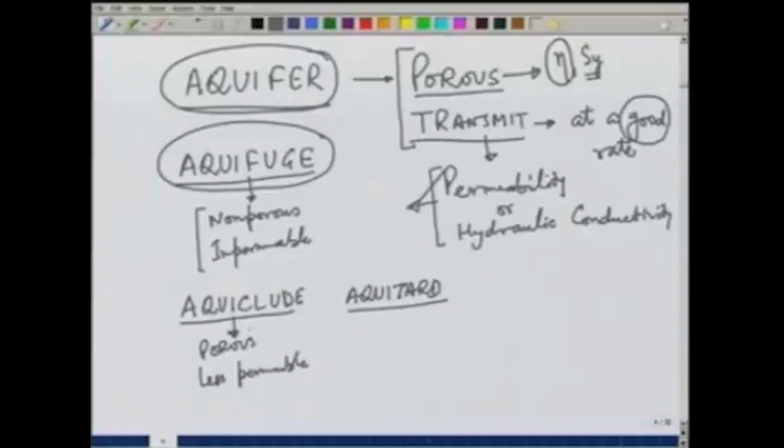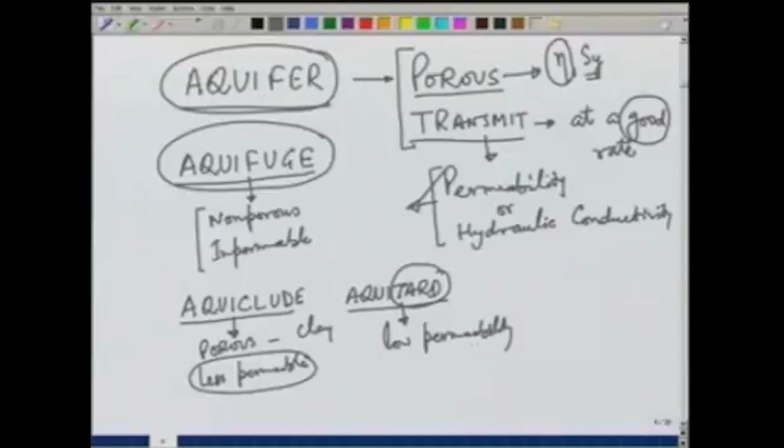So, they can store water, for example, clay, but the conductivity is very small. And the aquitards, as the name suggests, retarding the velocity. So, it is a very low velocity formation. So, out of these, as we discussed, aquifer is the one which we will be targeting for our purpose.